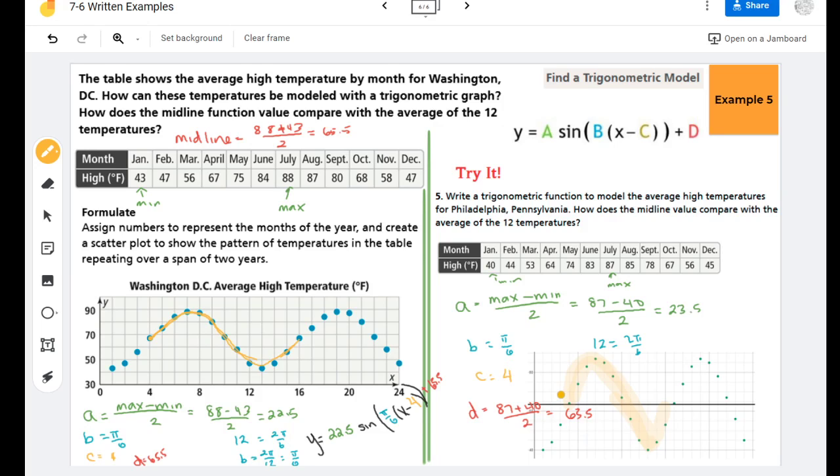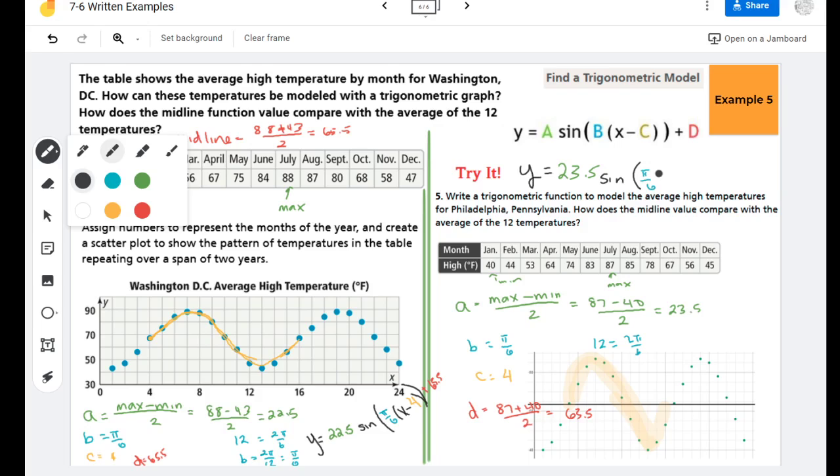So I think I'm good. I think I can write the equation out, right? I don't really have much room for it. I'm going to write it over here. So y equals A, which was 23.5, times the sine of B, which is pi over 6, times x minus C, which is 4, which I could have guessed was going to be 4 since your max and min were in the same positions.